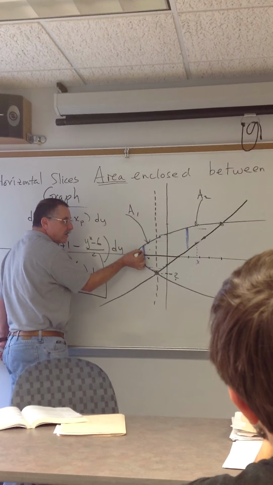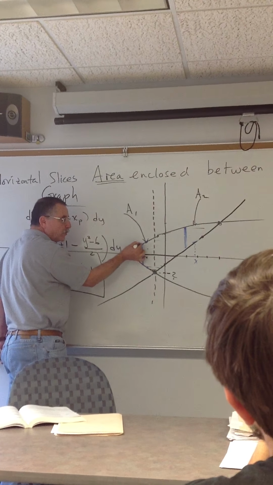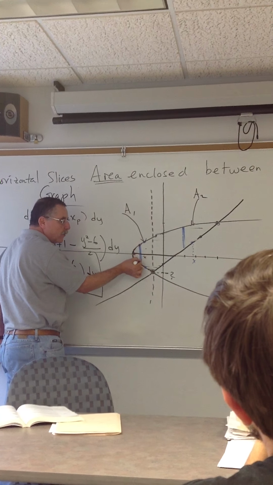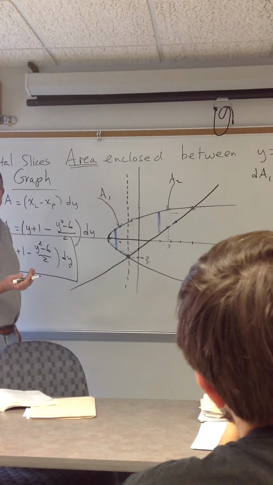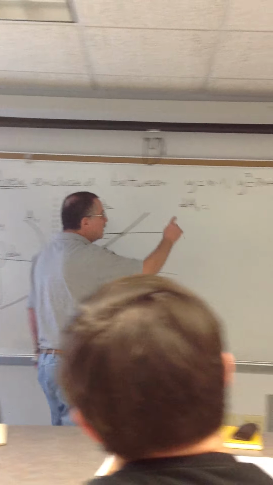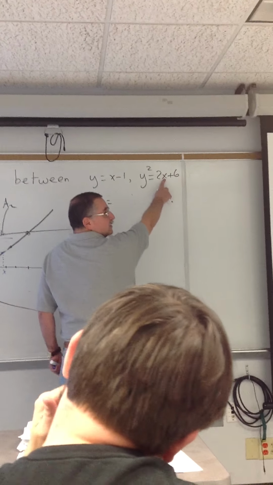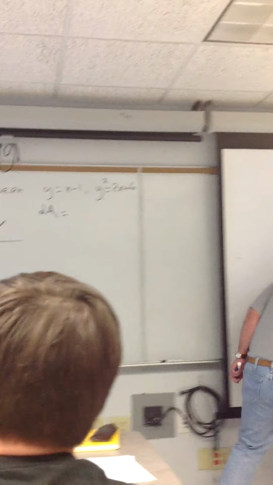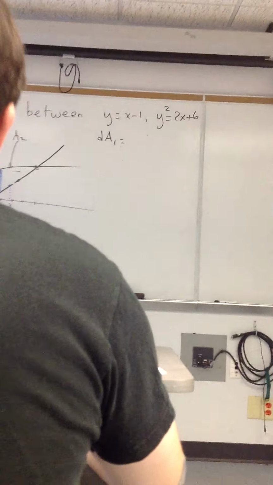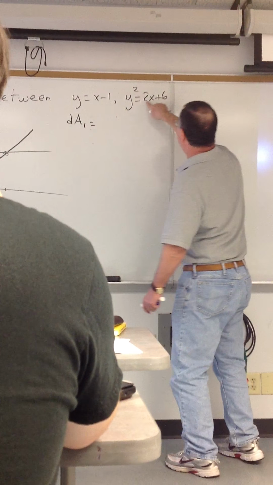The height is the y coordinate of this point on this branch minus the y coordinate of this point on this branch. If you give me x, how do I find the y?